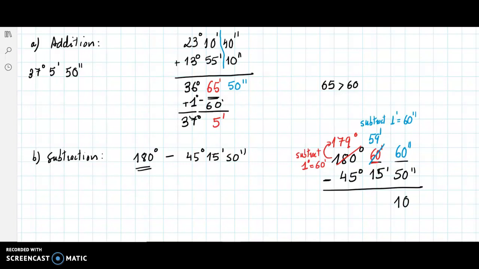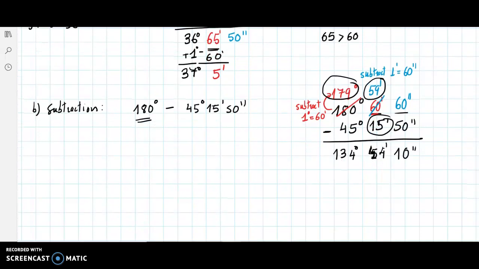This is 10 seconds. We subtract separately, so first the seconds, then the minutes. We have to subtract 59 minus 15, so 44 minutes. And finally, I have to subtract 179 minus 45, this is 134.